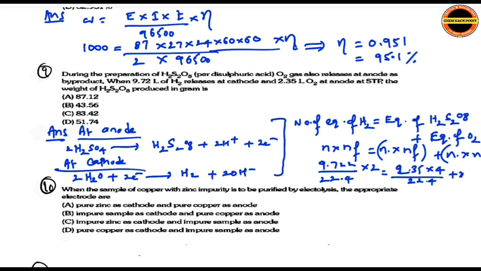Here x moles, we don't know the moles, x into n factor, 2 only. So x is equal to 43.49. Approximate answer is option B. So we made the number of equivalents equal.